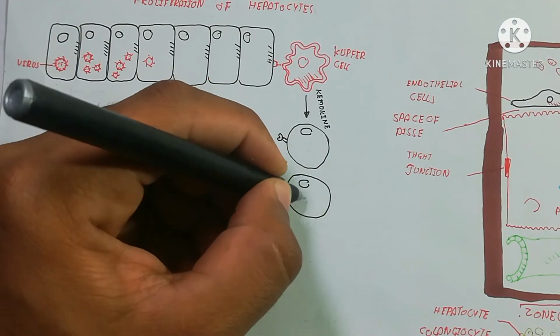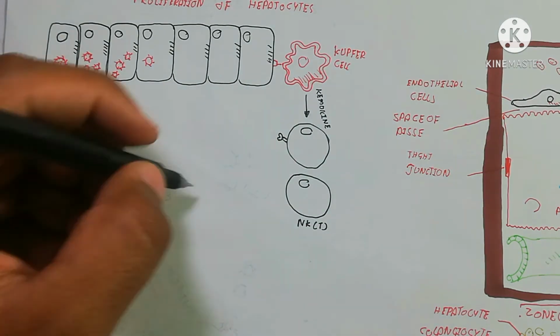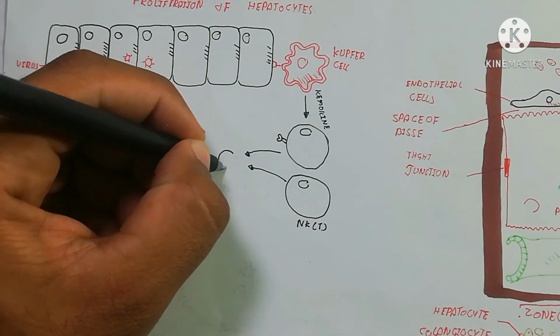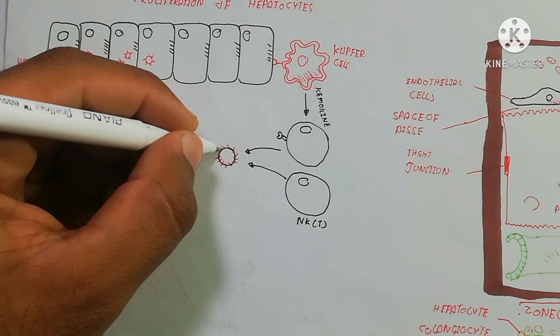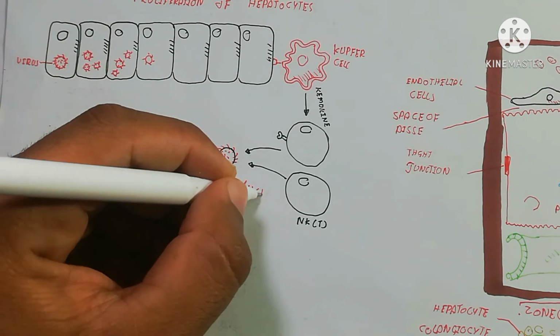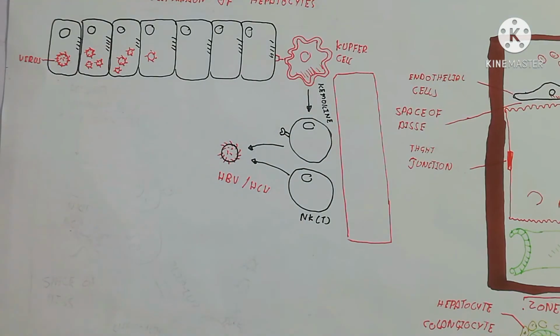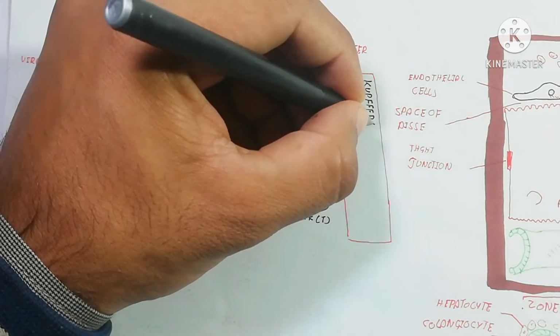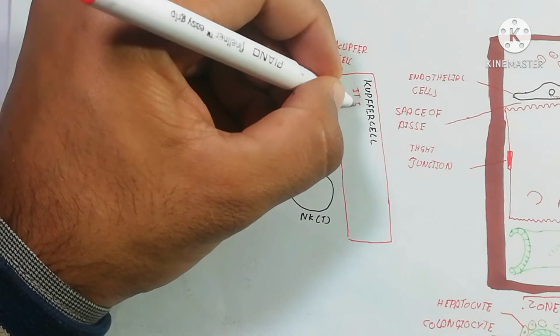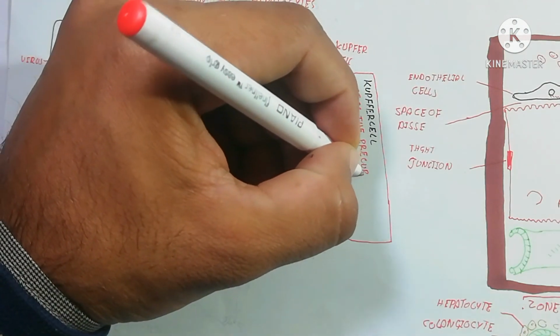So here is the Kupffer cell, which recognizes the viral disease or virus antigen to produce chemokines, and these chemokines will attract monocytes, natural killer cells and T lymphocytes.